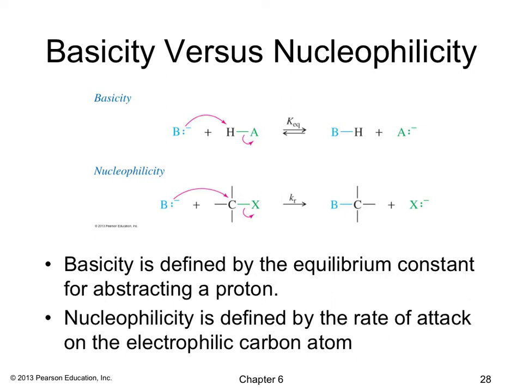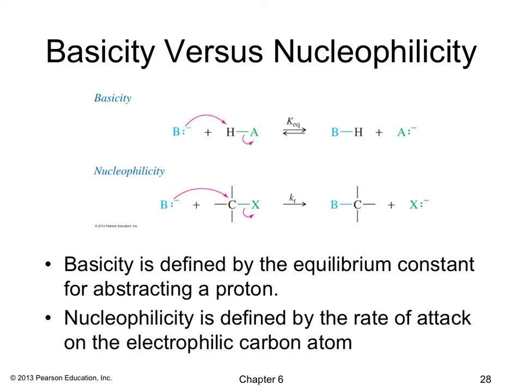Basicity versus nucleophilicity. Here's an example of basicity in which your nucleophile is basic, so it will pluck off that hydrogen, kicking off the halogen, generating the new product and the halide. In nucleophilicity, what happens is you have it attack the carbon.